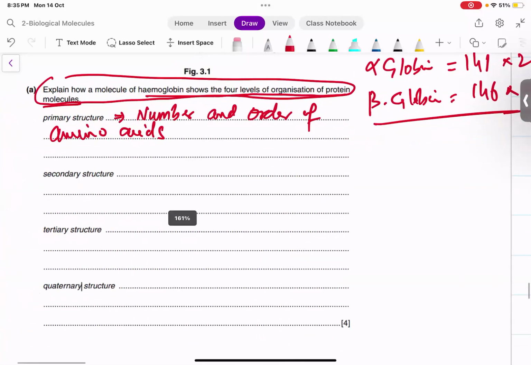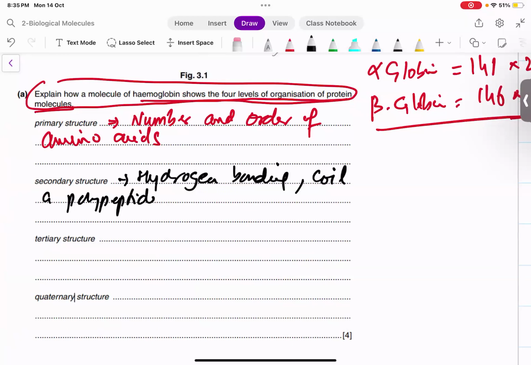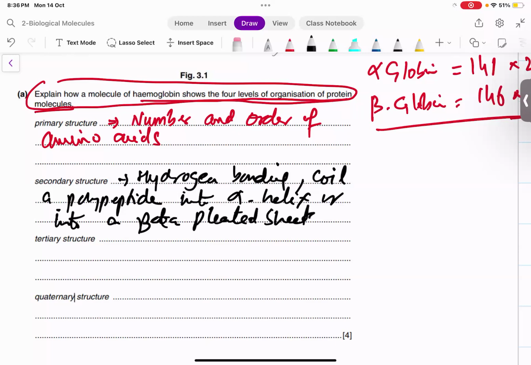And then in secondary structure, hydrogen bonding between the amino acids in a polypeptide chain can coil a polypeptide into an alpha helix or into beta pleated sheets. All these are there in the secondary structure in a hemoglobin molecule.